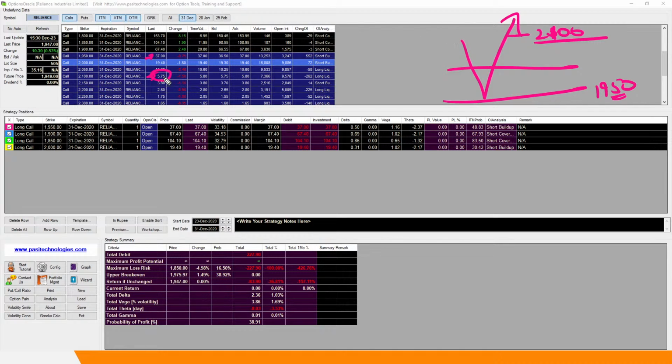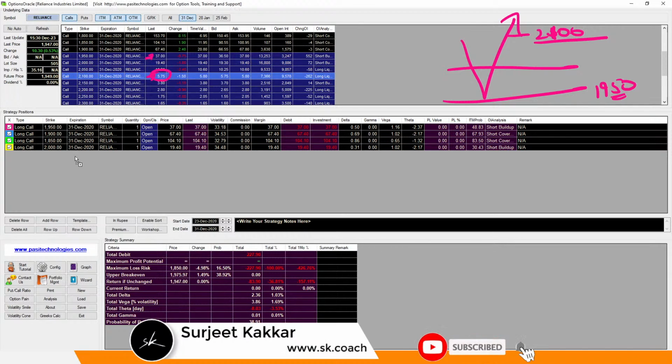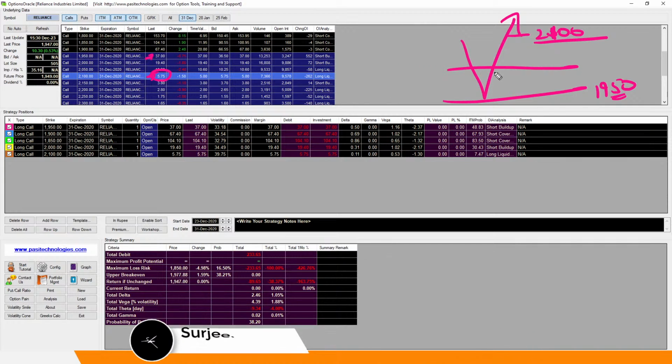But if you think about it, this is not giving you any advantage. I mean, it might give you an advantage once it goes above 2100, but unless and until it goes above 2100, what is the challenge you are facing? If I buy this 2100 when prices are in my demand zone, if it goes 1 rupee in my favor, my option price will only increase by 10 paise, right?